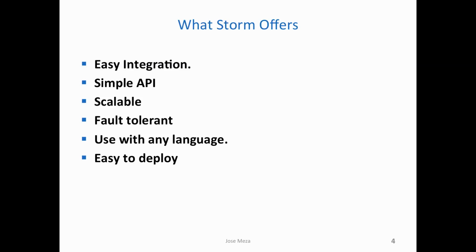Storm is very scalable. It's been tested and it works. It's fault tolerant. If a node fails, it'll come back up and restart. And you can build the different components with almost any language, and it's very easy to deploy.